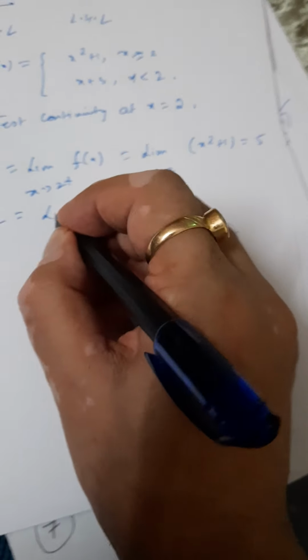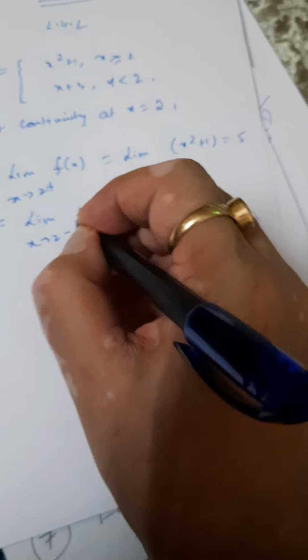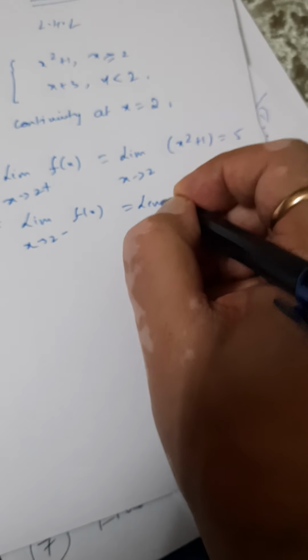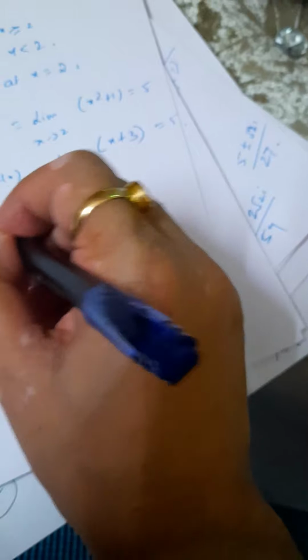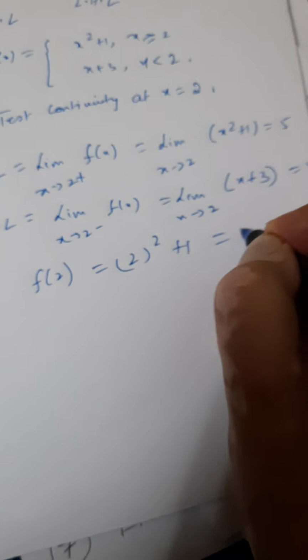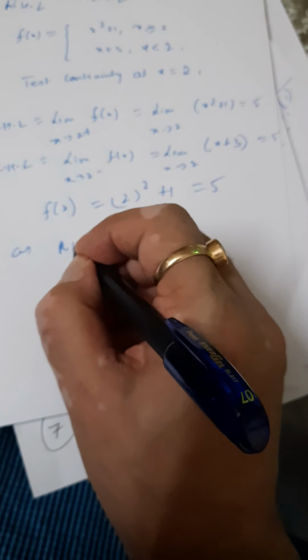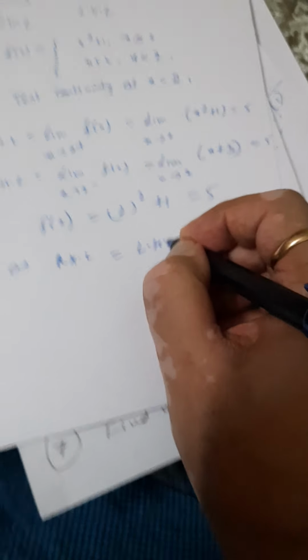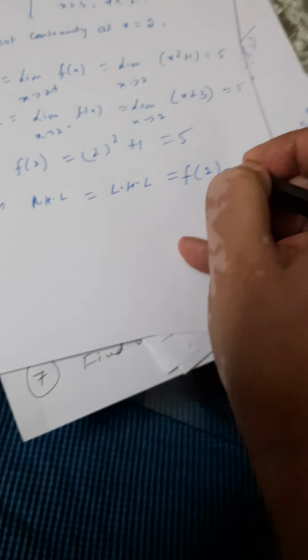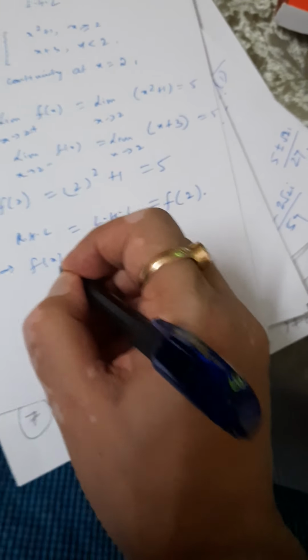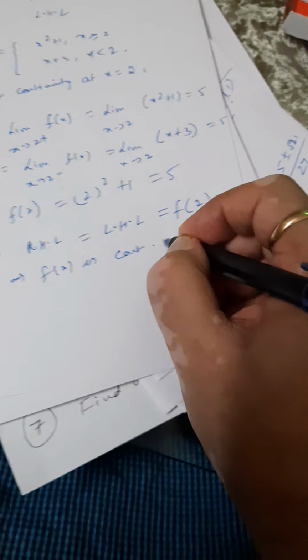Also, the left hand limit is limit x tends to 2 minus f(x), that is limit x tends to 2 of x plus 3, that's 5. Also, f(2) is 2 square plus 1, that's 5. So as the right hand limit equals the left hand limit equals f(2), f(x) is continuous at x equals 2.